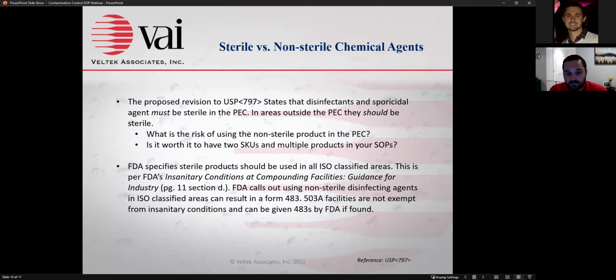It's a pretty good read, but it does call out using non-sterile disinfecting agents in an ISO area as resulting in a Form 483 being given to a customer. 503 facilities are not exempt from insanitary conditions. So if FDA for some reason comes in your facility, I know that's not necessarily likely for a hospital, but other compounding facilities have had that happen, and they've been given citations for this. So just something to keep in mind.